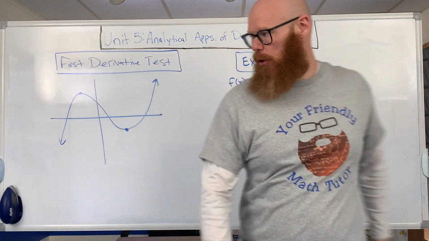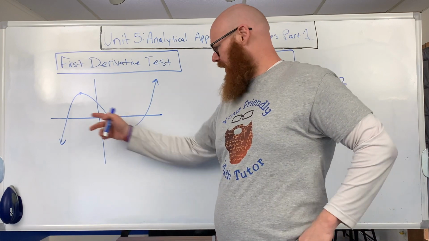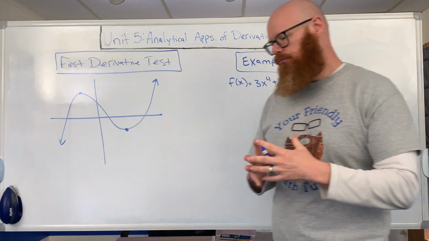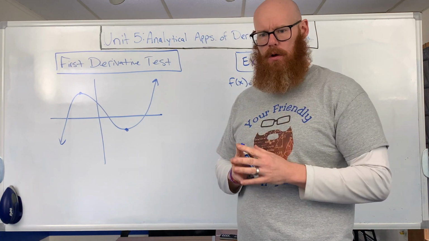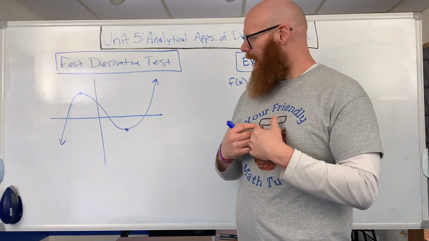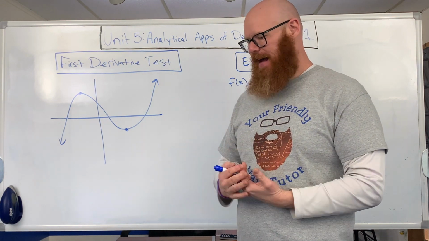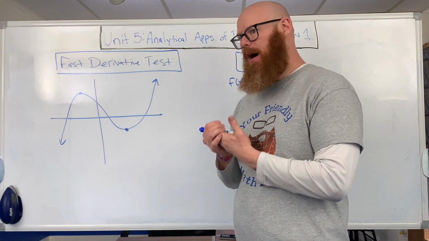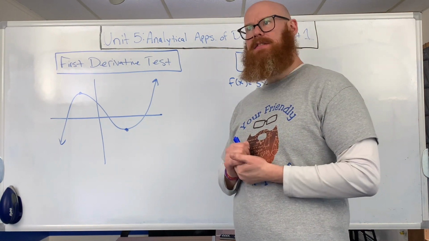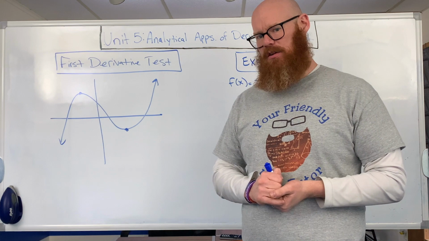And to understand the first derivative test, I want to take a look at, again, this graphically. So the first derivative tells us the slope of the tangent line at any point. So what that leads to is the fact that when the first derivative is positive, we have a positive slope. And when the first derivative is negative, we have a negative slope.